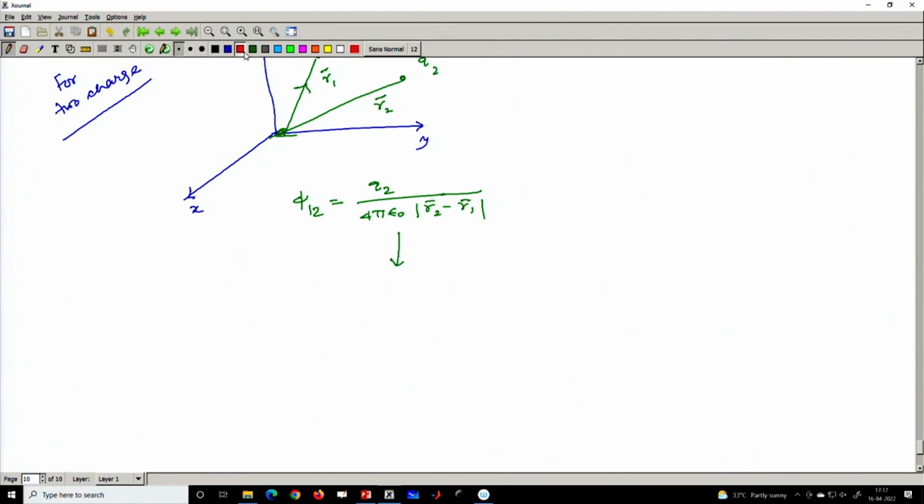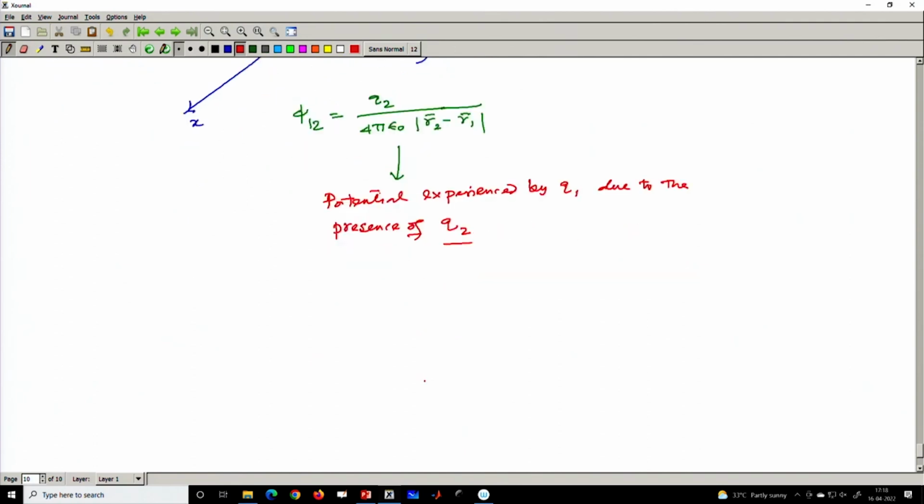Mind it, this is the potential experienced by q1 due to the presence of q2.